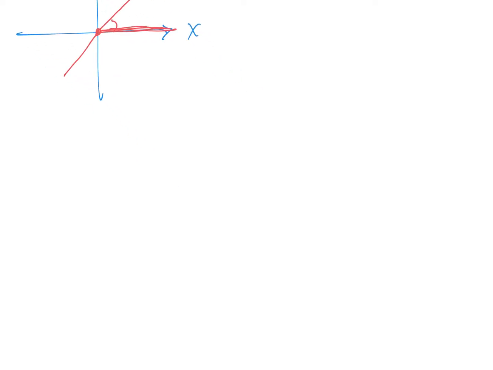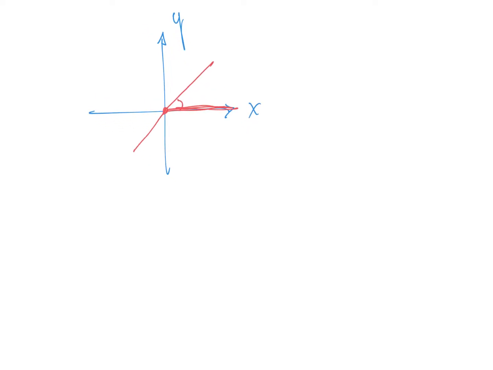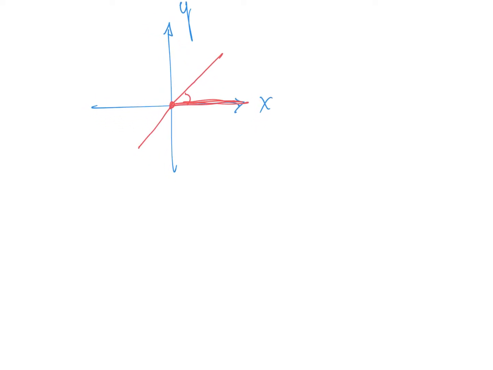It doesn't really matter, so your angle could be over here. Your angle, in fact, could be going all the way around. But as long as the first line that creates this angle is on the positive x-axis, then we say this is in standard position.